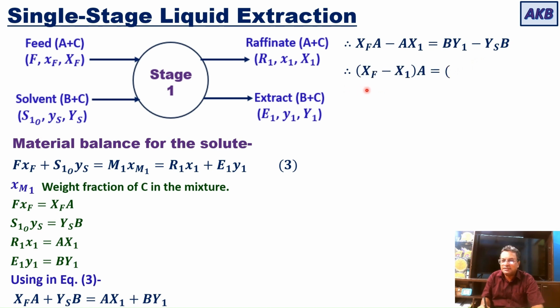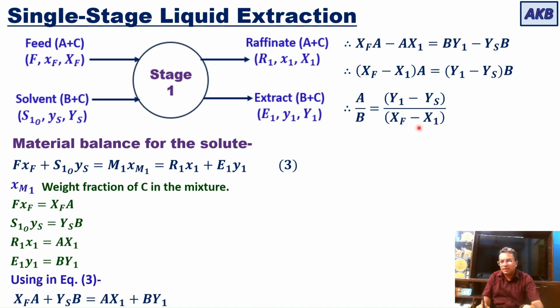So it will be xf minus x1 into A, that is equal to capital Y1 minus capital ys into B. That is A upon B is equal to Y1 minus ys divided by xf minus x1. So the equation that we have obtained will represent a straight line on the xy plot.